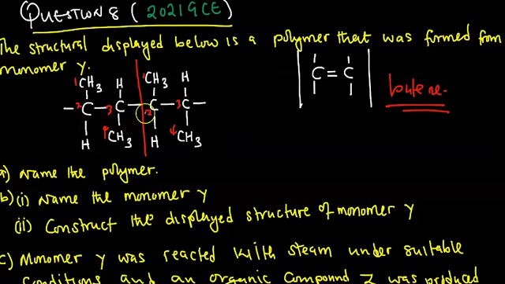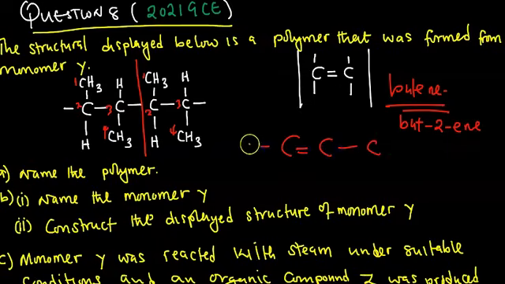Now, if we were to write the systematic name of the butene that was involved, you find that it will be but-2-ene. Okay? 2-ene, because it was like this. Carbon, then carbon here, carbon here.